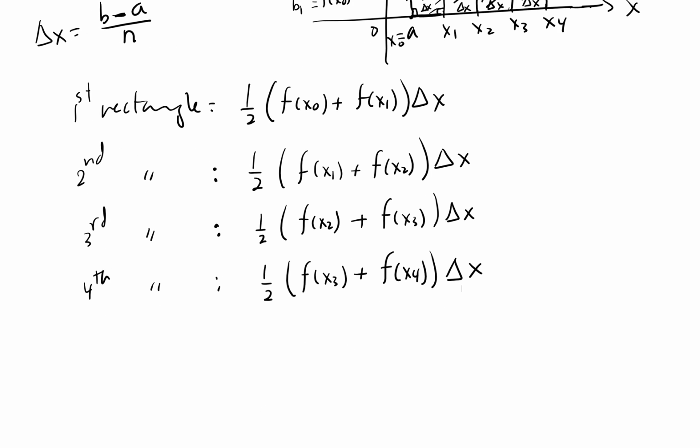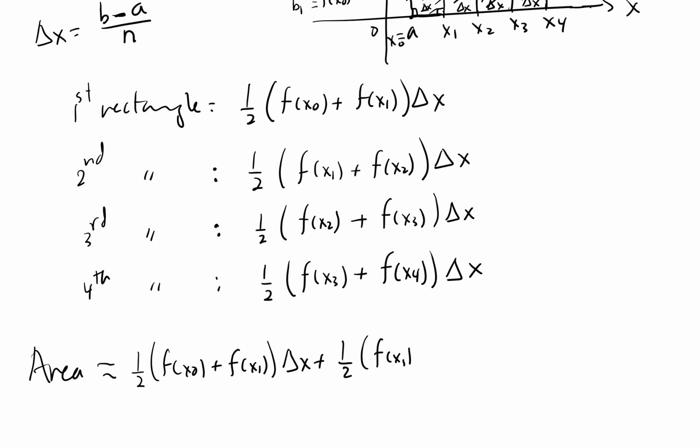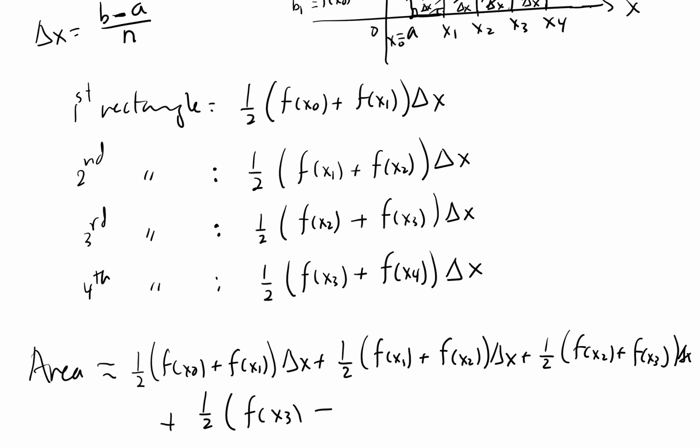Now we can add all of them up, so the area will be approximately the sum of all of these: 1/2 f of x0 plus f of x1 delta x, plus 1/2 f of x1 plus f of x2 delta x, plus 1/2 f of x2 plus f of x3 delta x, plus the last one, 1/2 f of x3 plus f of x4 delta x.